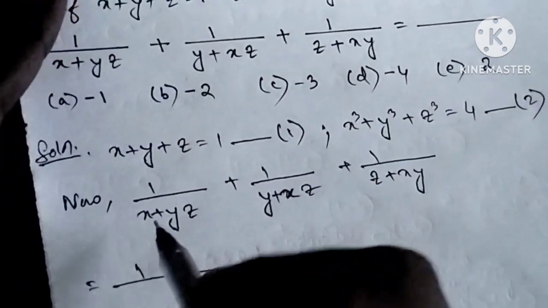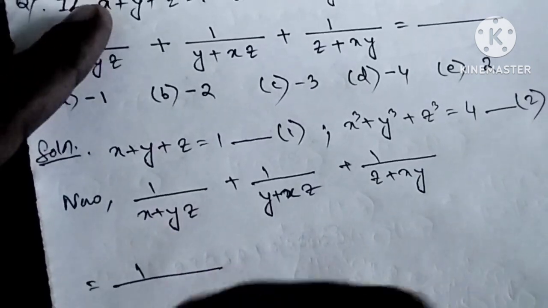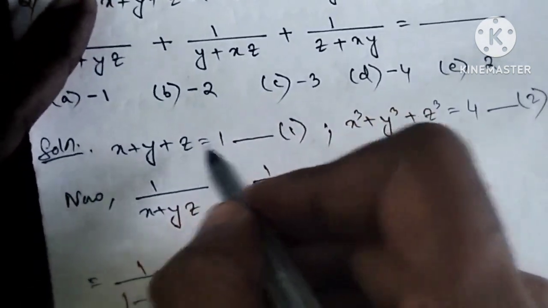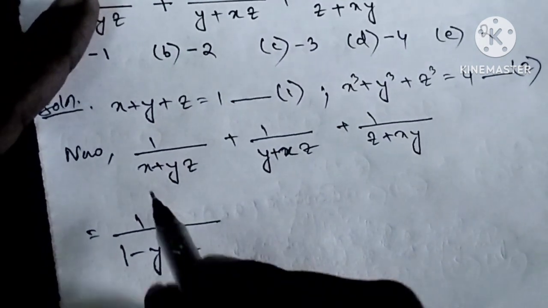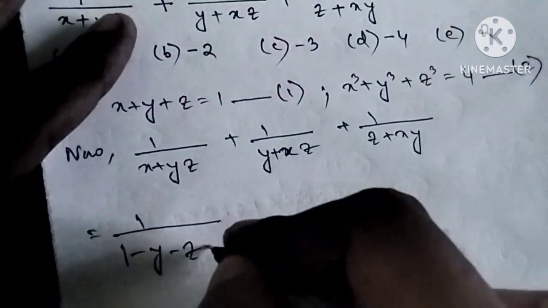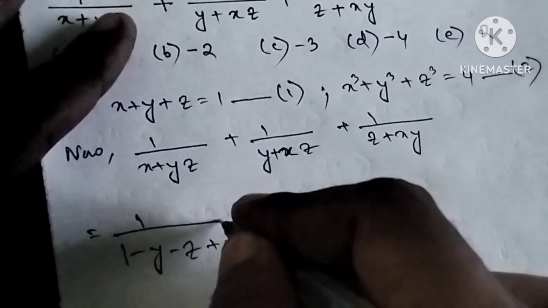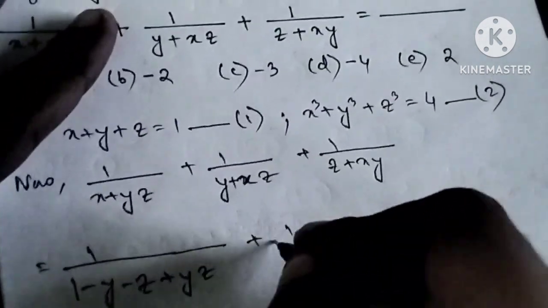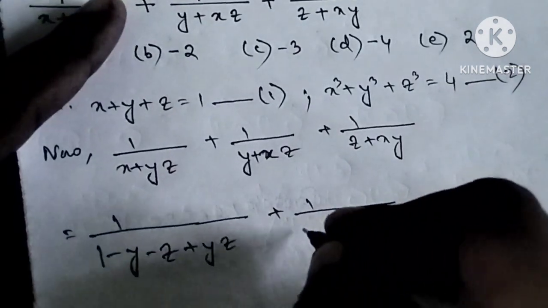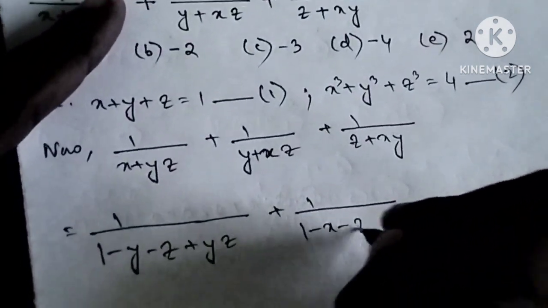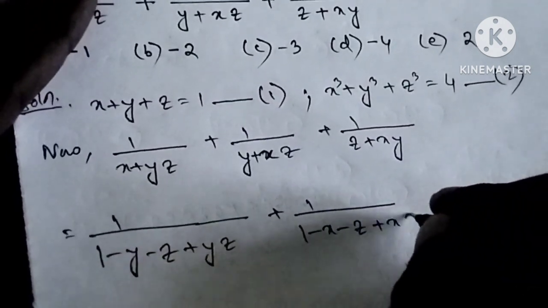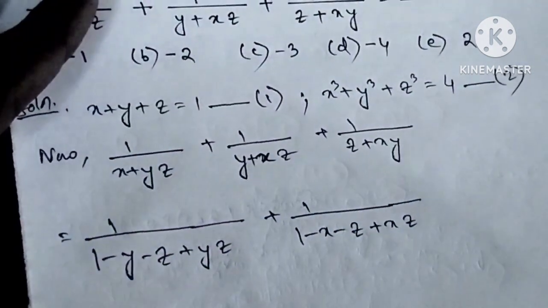So x can be written as 1 minus y minus z using equation 1. So the first term is 1 by (1 minus y minus z plus yz), plus 1 by y can be written as 1 minus x minus z plus xz. Clear?